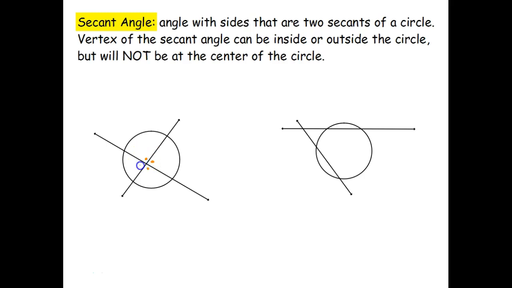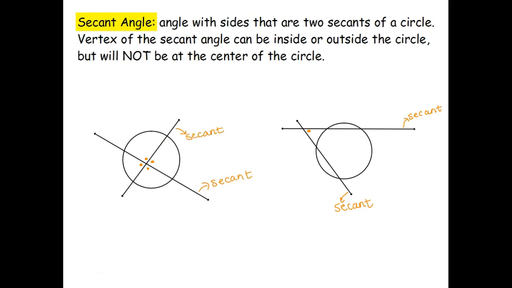each of these dots are in the place where the secant angle is. So if the secants intersect inside the circle, you're going to end up with multiple secant angles. If the two secants intersect outside the circle, you're going to end up with only one. So this is a secant, this is a secant, and these are both secants.